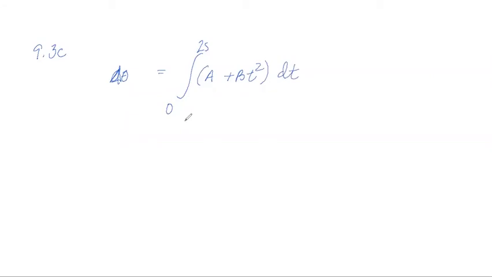So that's going to be a t plus 1/3 b t cubed from 0 to 2.